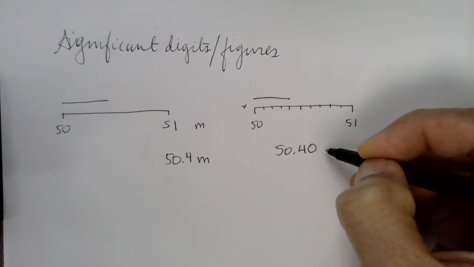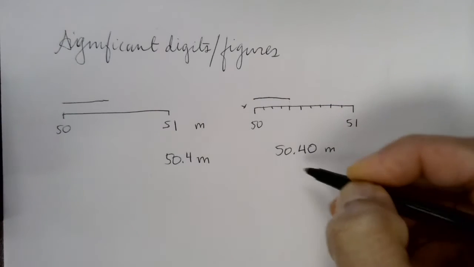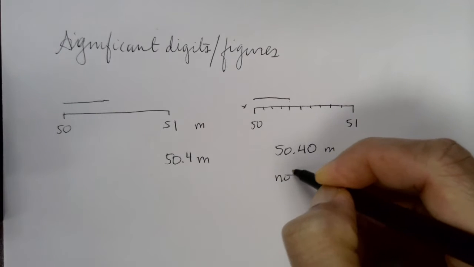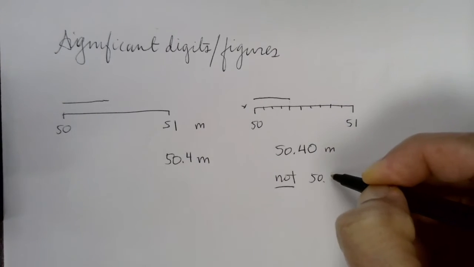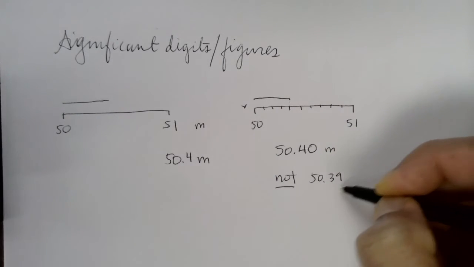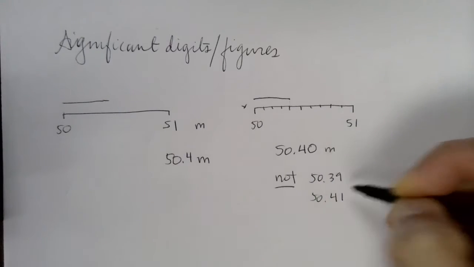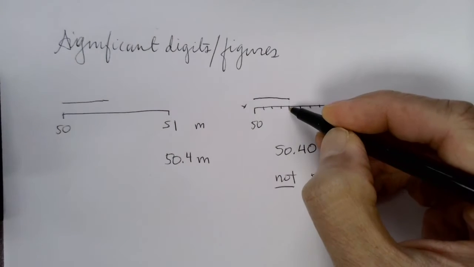Alright, so I would say 50.40 to indicate that this is not 50.39 or 50.41. I know that it is exactly 50.4.